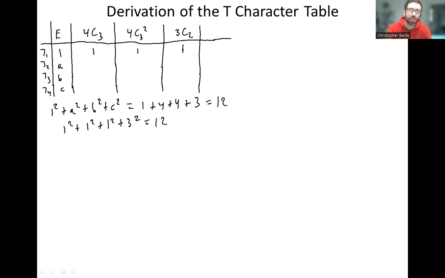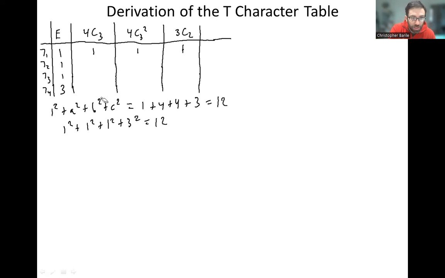If we have two 2 squareds, we get 2 squared plus 2 squared plus 1 squared plus 1 squared. That gets 10. So that doesn't work, too low. So yeah, it has to be this answer right here where we have three 1s and one 3. So that's a great rule to figure out your characters in this first column. And we're going to be using this to help us puzzle things out.